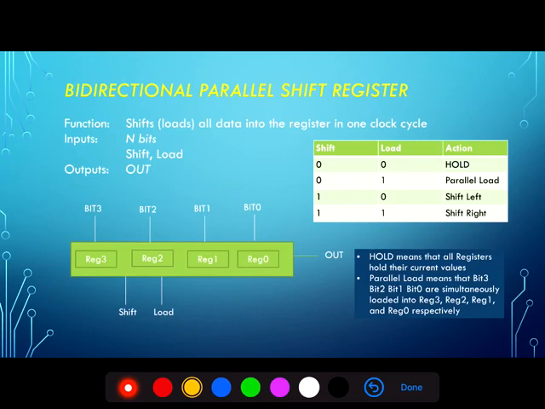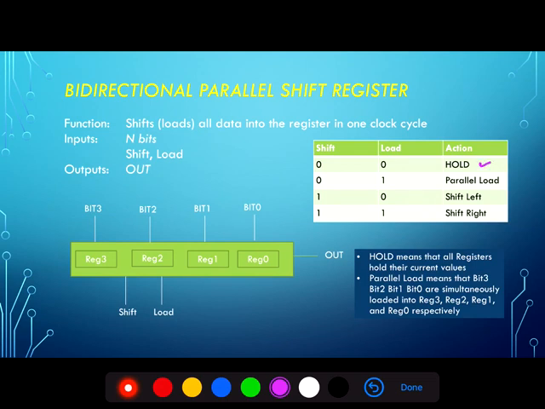A more complicated shift register is the bidirectional parallel shift register. And this shift register is capable of containing multiple functions and implementing multiple functions through the shift and the load signals. With shift and load having 4 possible input combinations, there are 4 possible functions of this bidirectional parallel shift register.